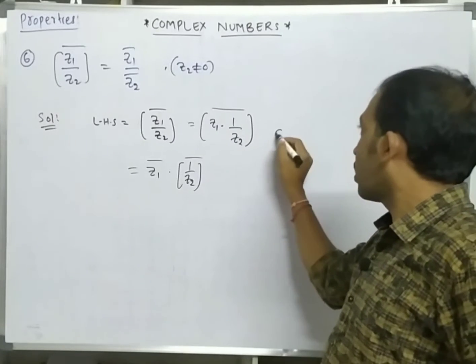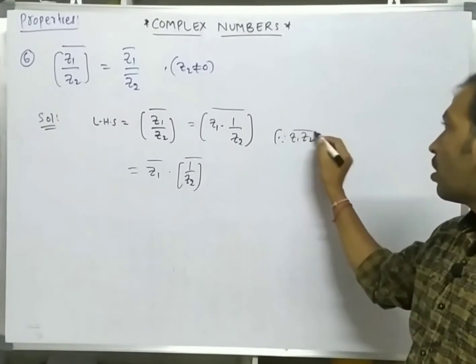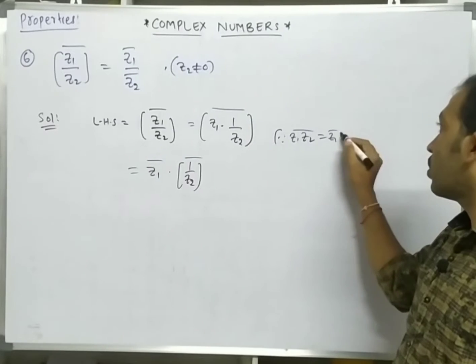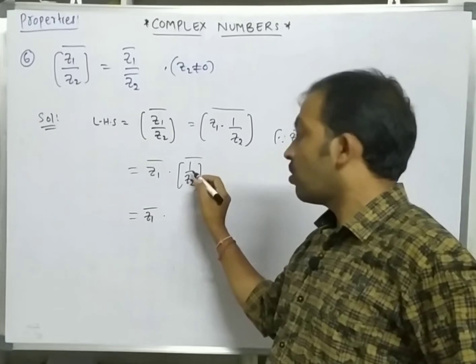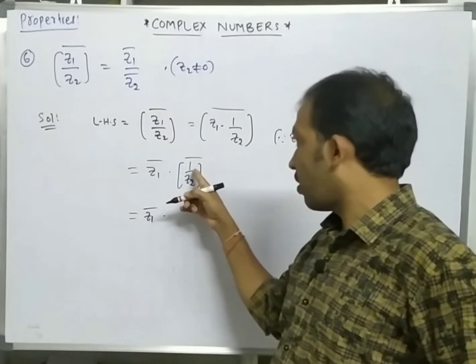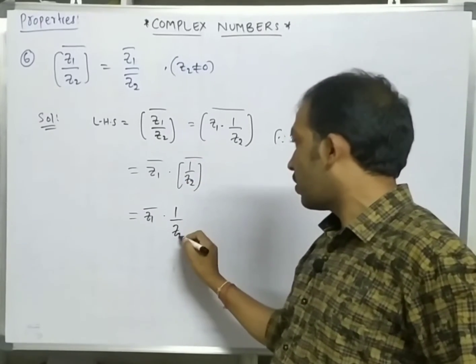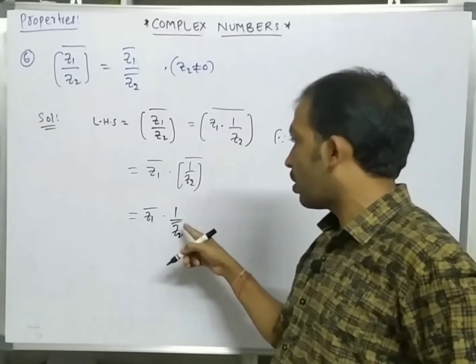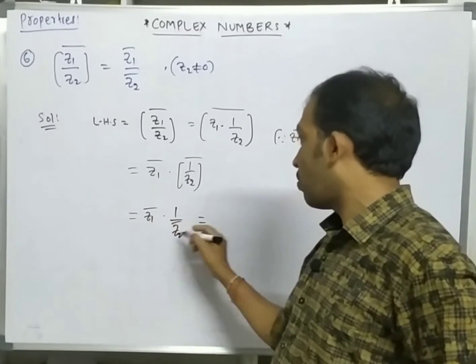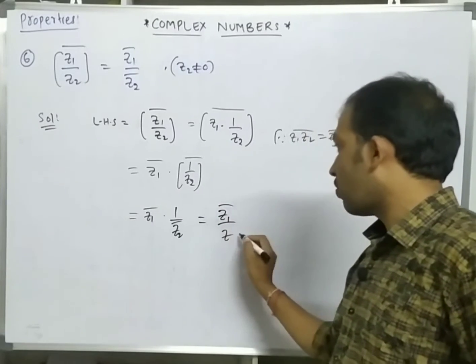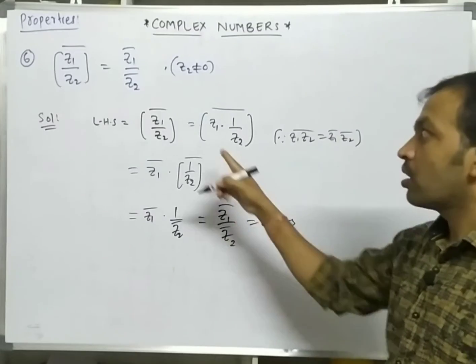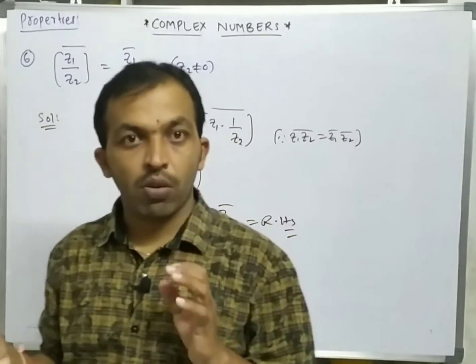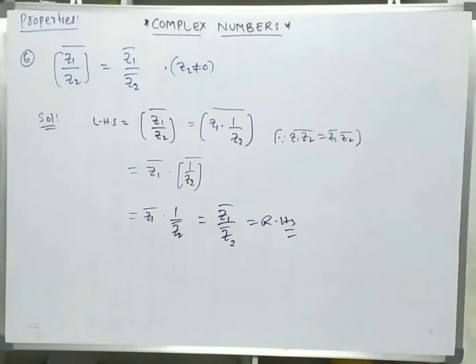Here I applied conjugate of z1 z2 is equal to z1 bar into z2 bar. Now z1 bar into, just now we have discussed, 1 by z2 whole bar is equal to 1 by z2 bar. So now multiply, you will get z1 bar into 1 by z2 bar, that is z1 bar by z2 bar, which is equal to the RHS. So z1 by z2 whole bar is equal to z1 bar by z2 bar. Conjugate of a quotient is equal to the quotient of their conjugates.